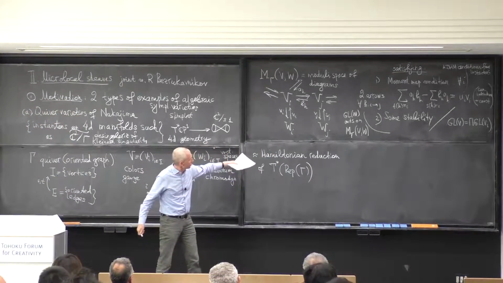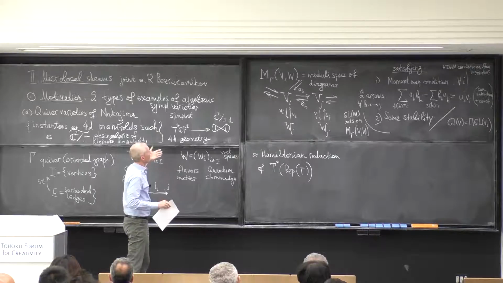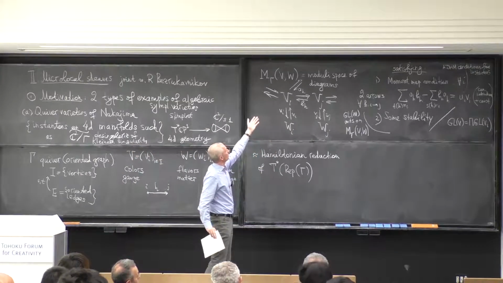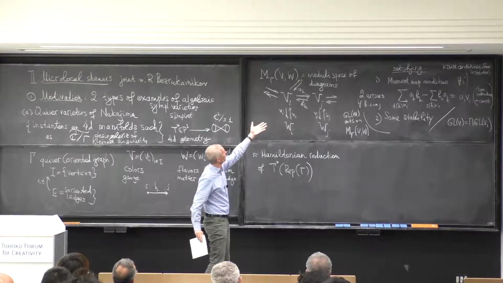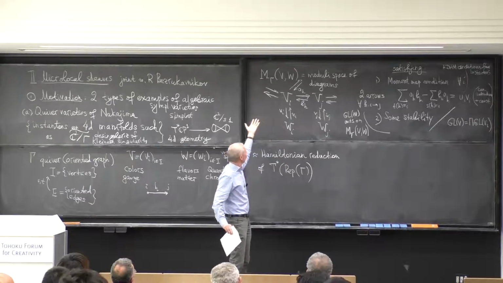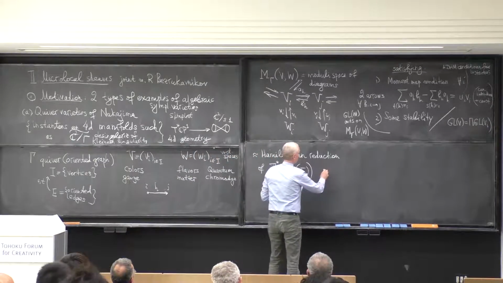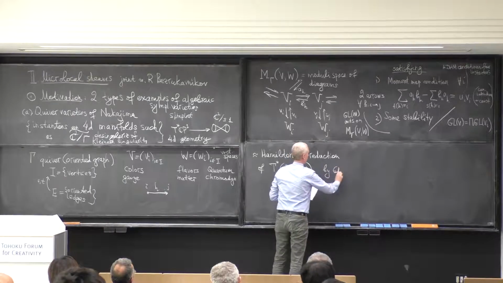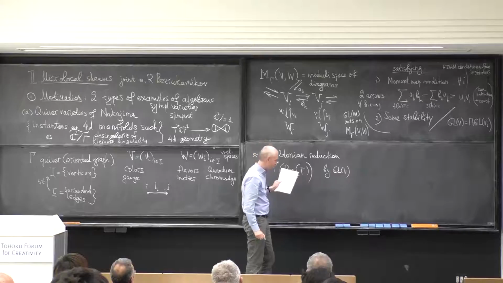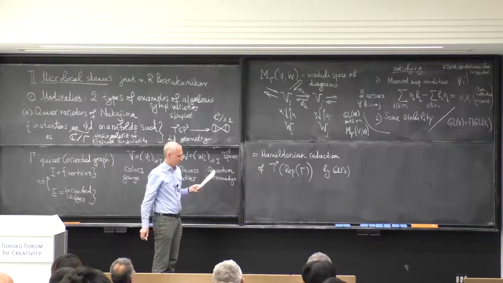When you take the cotangent space of representations of gamma, naively it is simply the product of, for every arrow in the quiver, an arrow in the vector spaces. And in the cotangent space we take the arrow in the opposite way. So Hamiltonian reduction again by GL. Yes, I'm saying this somewhat informally.